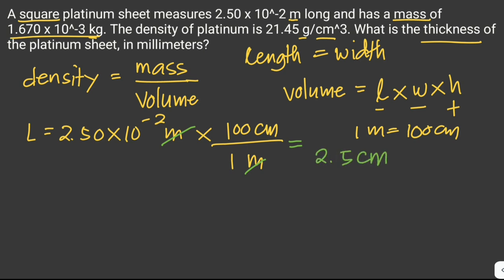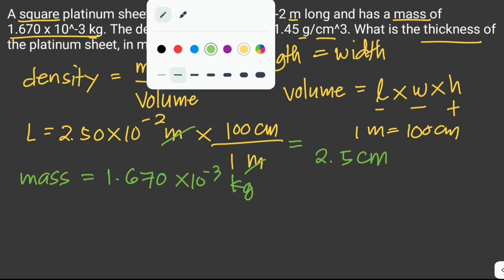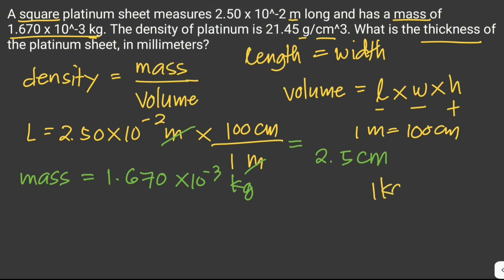And then we convert the mass, which is originally in kilograms, to grams. So 1.670 times 10 to the negative 3 kilograms. We know that 1 kilogram is equivalent to 1,000 grams.